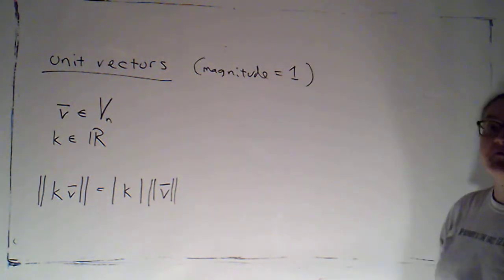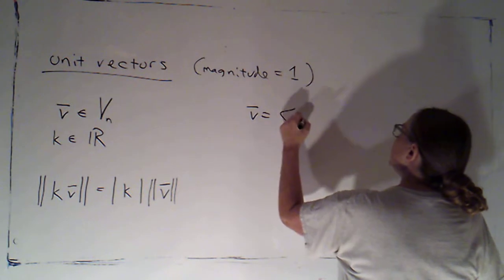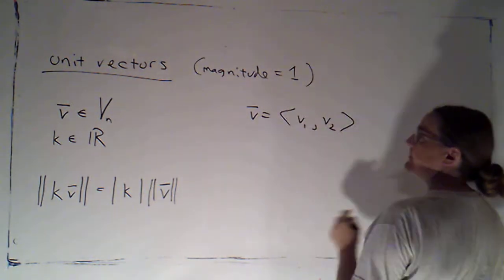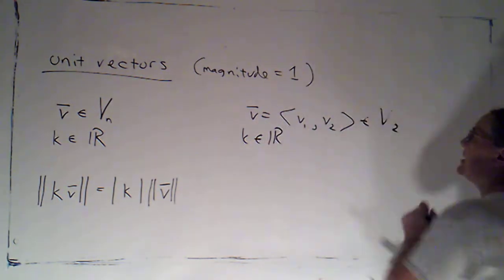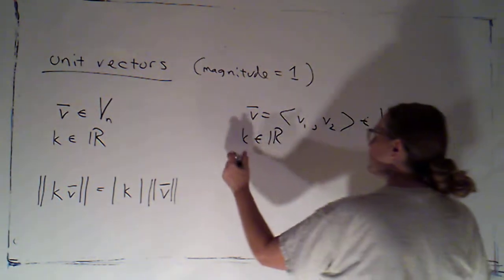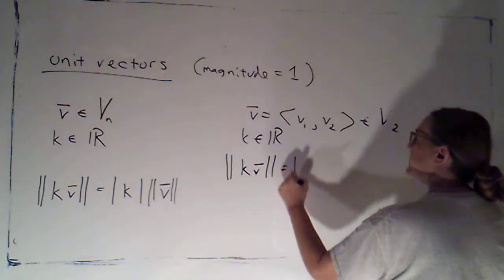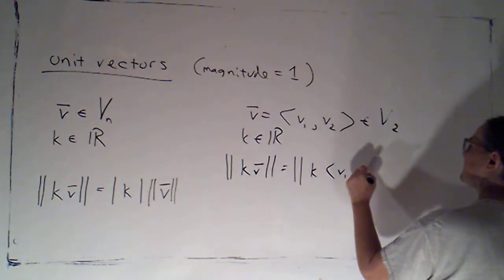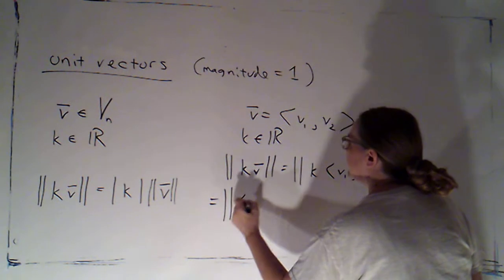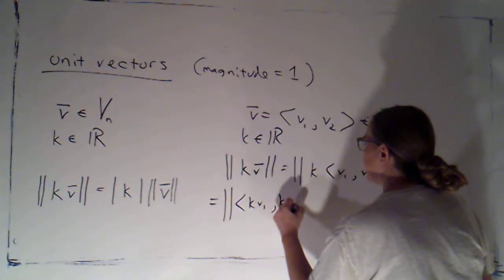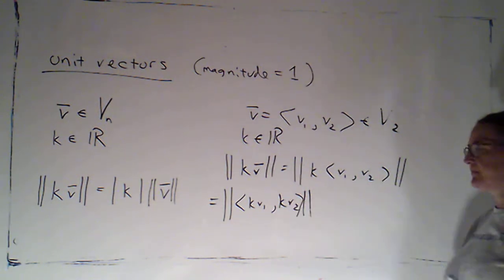Let's actually prove that. Let's say we're working in two space. Let's let v be v1, v2. Let's let k be a real number, and let's just calculate the magnitude of kv. So that would be the magnitude of k times v1, v2. That would be the magnitude of kv1, kv2. Oops. Just doing the scalar multiplication.